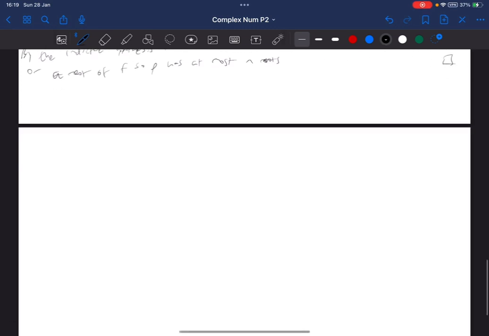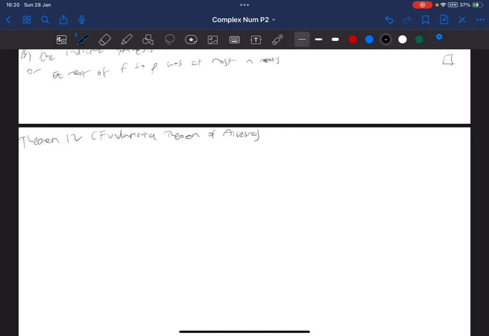Now, we are literally here at the end of this lecture, and I want to finish it with a theorem called Theorem 12. It actually has a name. It's the fundamental theorem of algebra.